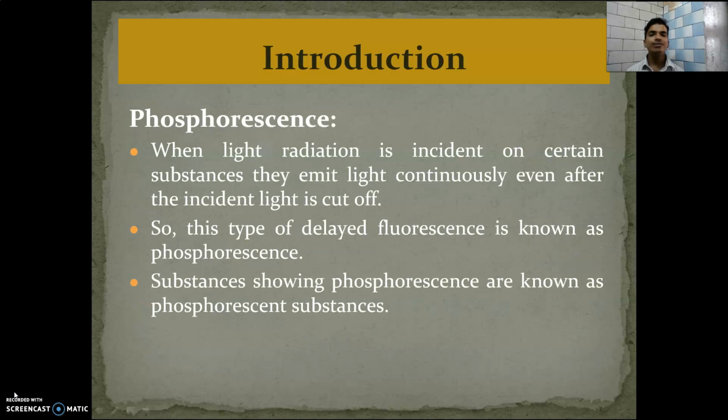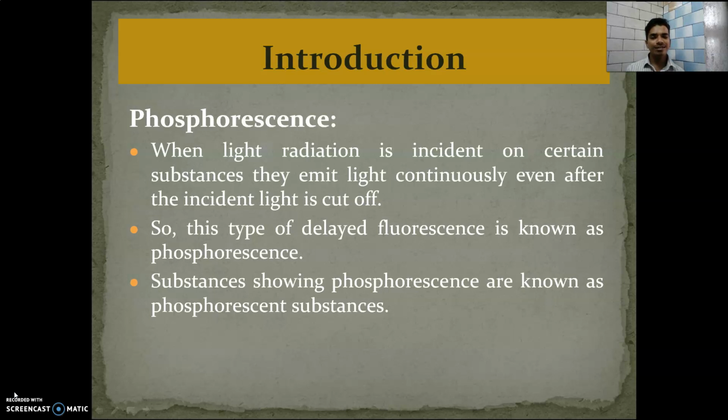Next is phosphorescence. When light radiation is incident on a certain substance, it emits light continuously even after the incident light is cut off. So it is a different phenomenon from fluorescence.